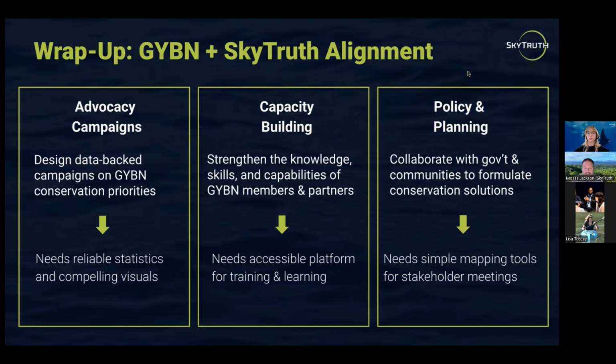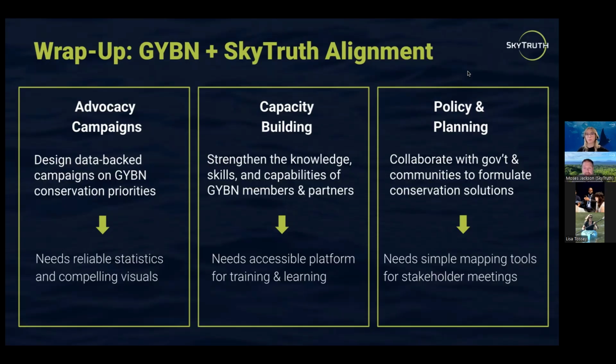But for example, advocacy campaigns. So if you're interested in bringing people together to push for more and better biodiversity protection wherever you are, or to fight against harmful pollution in the ocean, like we just saw via Cerulean, you can use these tools to design evidence-based campaigns with reliable statistics and pretty compelling visuals as well.